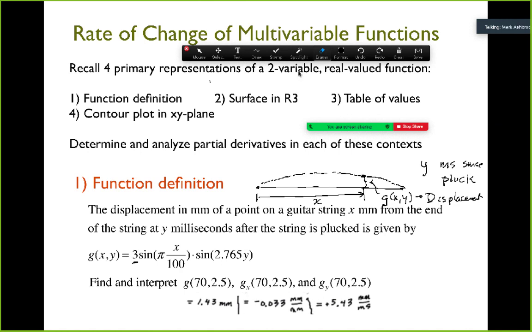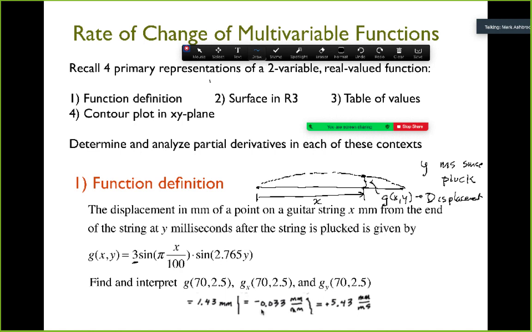What does the partial with respect to x mean for y? When you move down the guitar string, that's how much the displacement changes. Okay, good. Yeah, you're right on it.